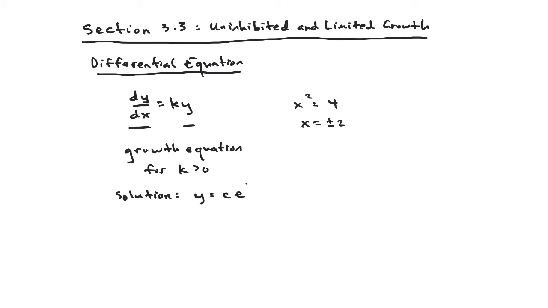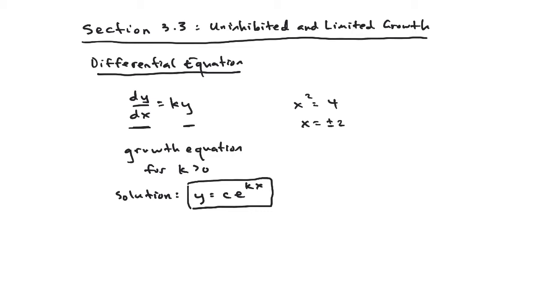So this is saying that if the derivative of a function y with respect to x is equal to some constant k times the function itself, then the function that satisfies that is y is equal to c times e to the kx.